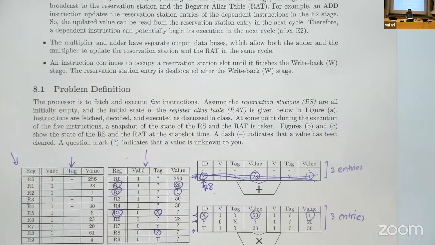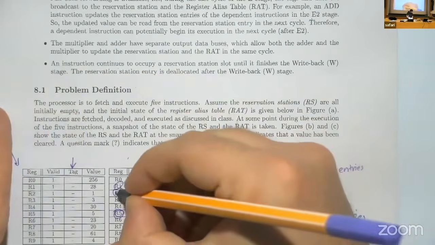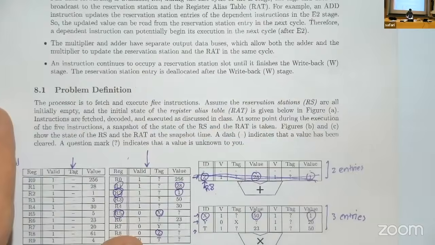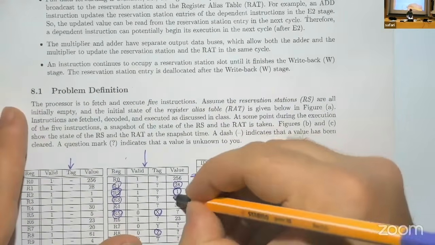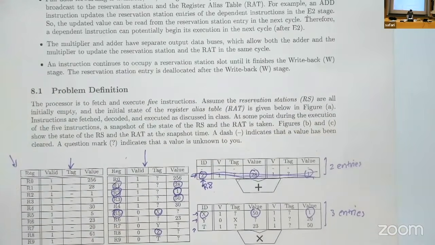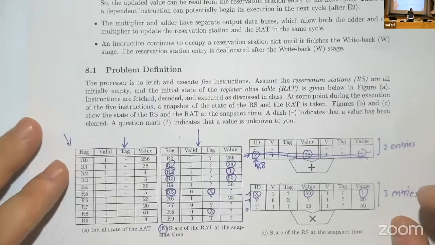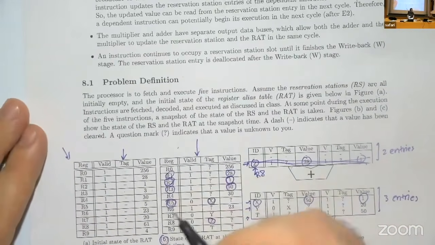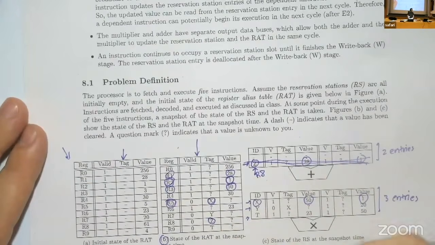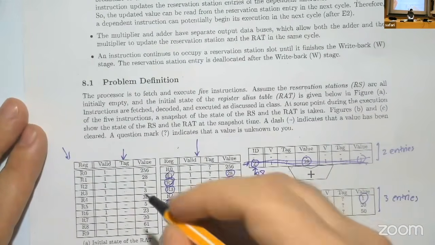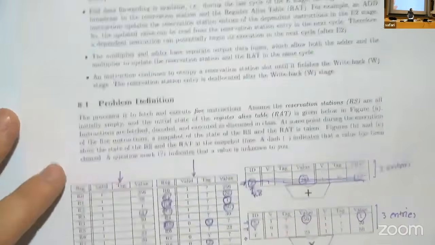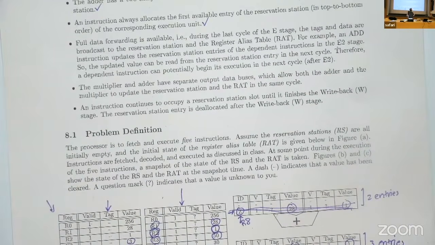You can see that R2 and R3 have the values 1 and 50. So what is the catch here? The catch is that if you see in the initial state of the register alias table, R3 did not have the value 50. R3 had the value 3. So which one is the first instruction that was executed before everything? It was the one that updated register R3.